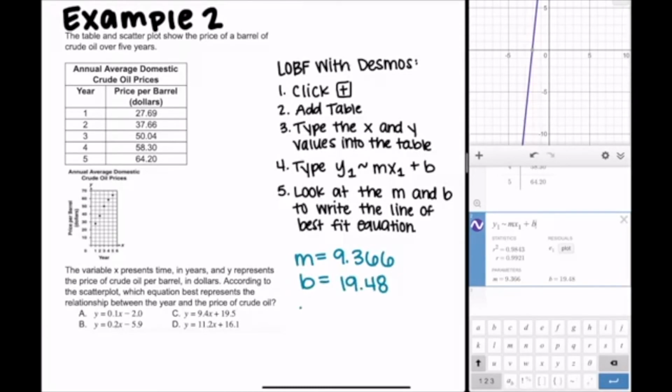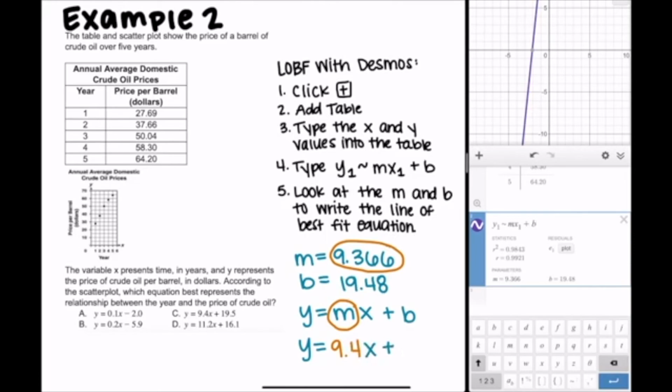and we're going to write y equals mx plus b. So we're going to take m and plug it in. Now that rounds up to about 9.4 based on our answer choices.